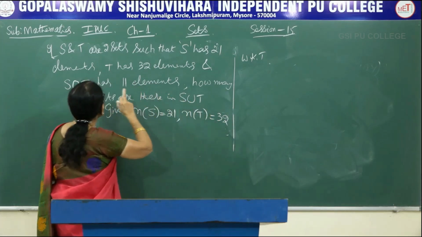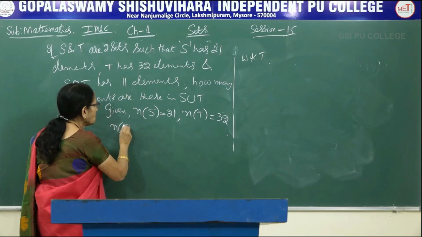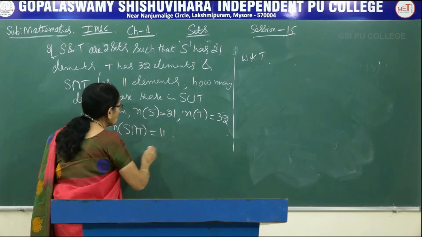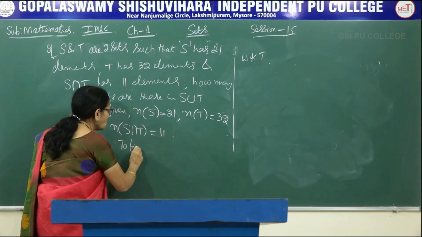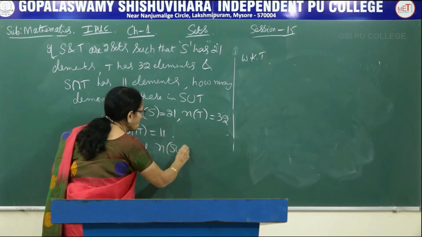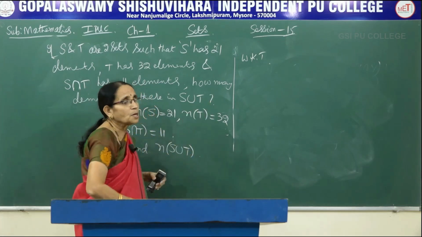What is the other one? The intersection has 11 elements. n of S intersection T is equal to 11. So what has to be calculated? We have to find out n of S union T. How many elements are there in the union?